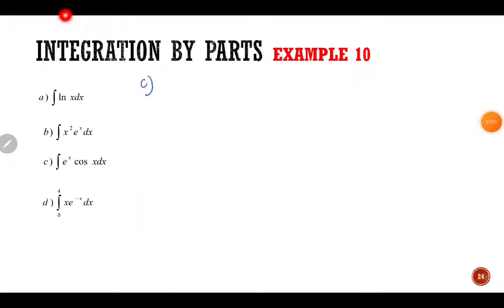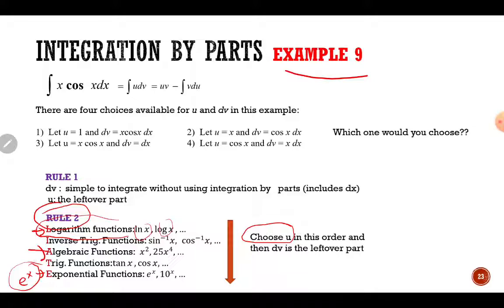Okay, untuk C, integration of e to the power of x cos x dx. Okay, so here yang ni kita ada dua antara e to the power of x and cos x. So yang mana satu kita nak pilih. Tadi kita dah check exponential ni yang paling bawah sekali untuk you let as your u.